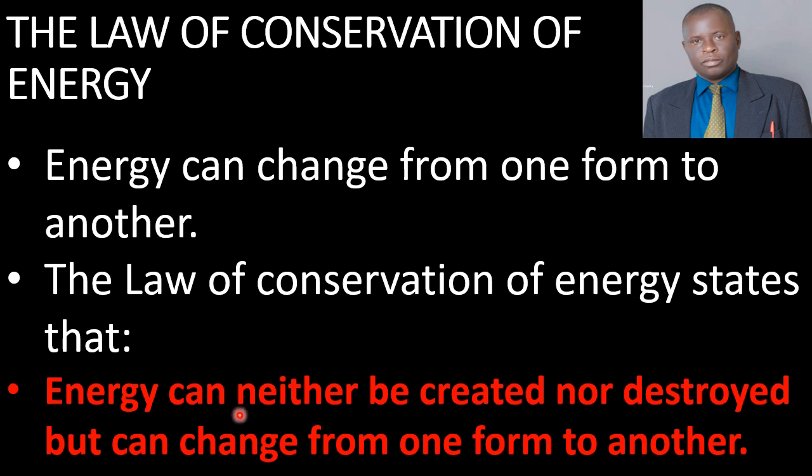So you use the word not here. Neither means not, and this not should be followed by an or. All right, so we are saying energy cannot be created or destroyed, but it can change from one form to another.